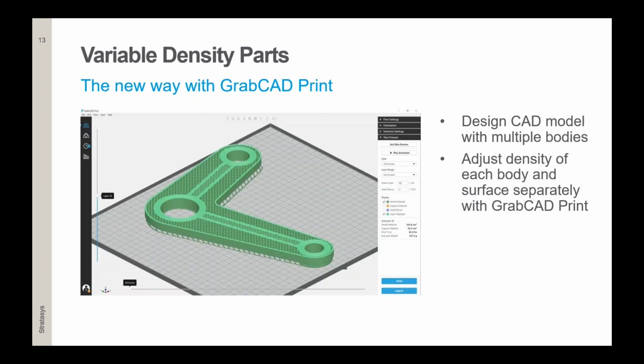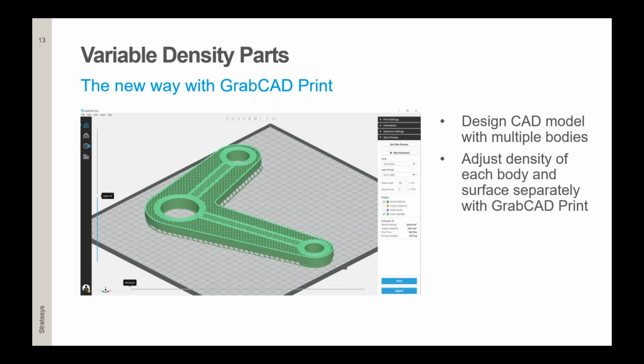So this is where GrabCAD Print's ability to work with native CAD files really shines. It allows users to choose any CAD body or face to apply more infill or contours with just a simple slider. This ability to add extra infill and contours by CAD body or face let us do some unique things with our models, making them strong and tough right where they need to be, and also light and rigid everywhere else.